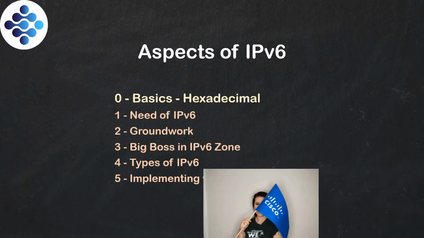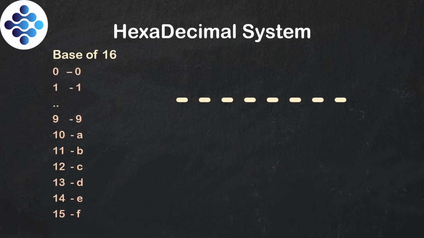So let's start. Now this is the hexadecimal system, and we know that in the hexadecimal system the base is 16. So the way in decimal the base is 10, in binary the base is 2. Over here the base is 16. So we have 0 to 15 numbers.